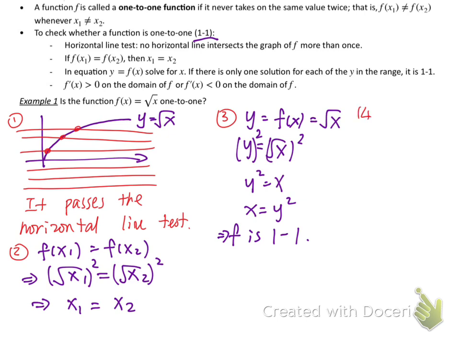The last way, you use the derivative. If the derivative of f is positive everywhere on its domain, then the function f is continuous and increasing everywhere. If that's the case, it can't go back to the same number.